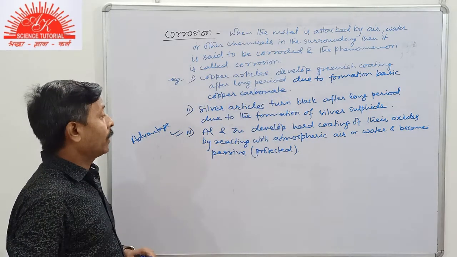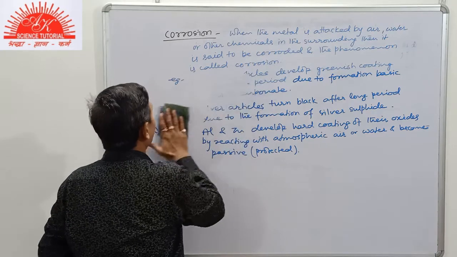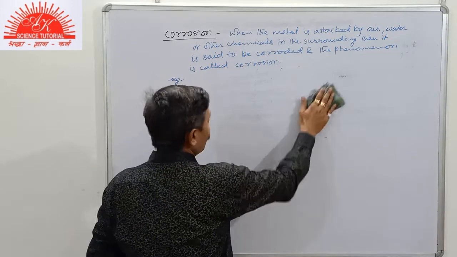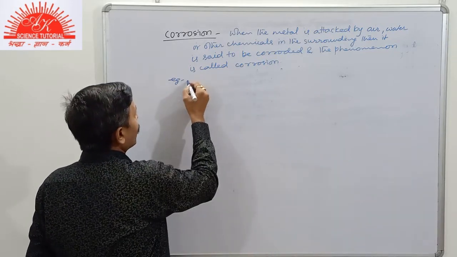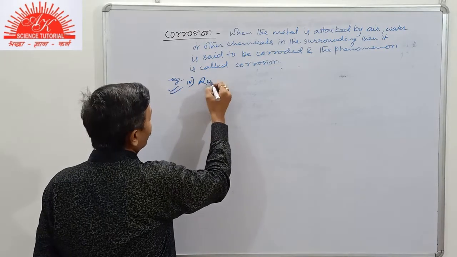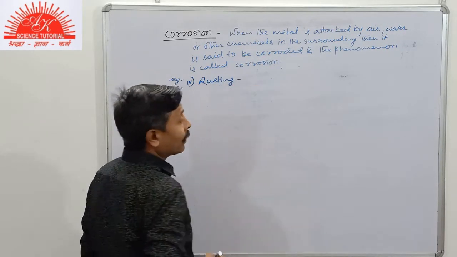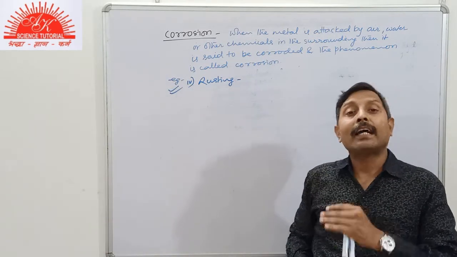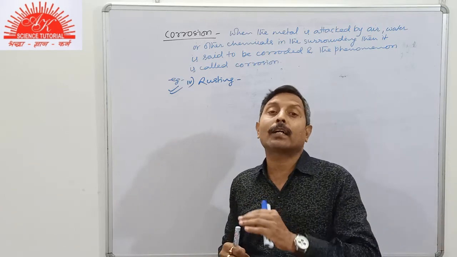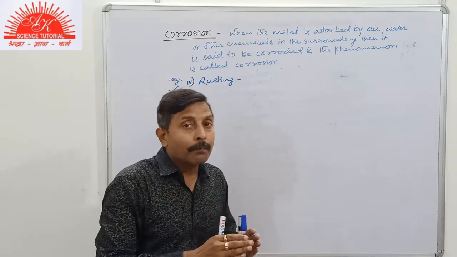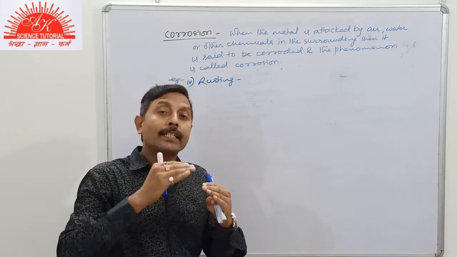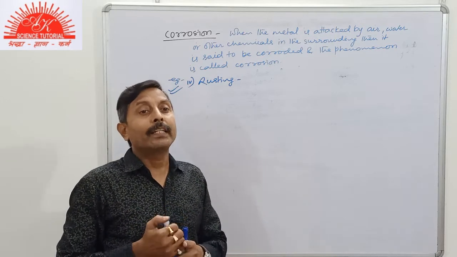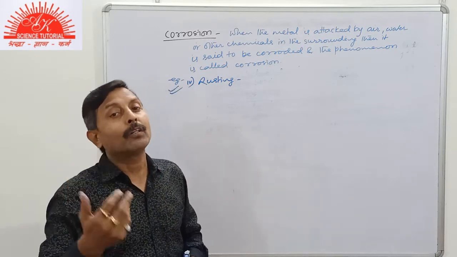The most important example of corrosion is rusting. Rusting is responsible for the corrosion of iron articles when exposed to moist air over a long period. A reddish brown flaky coating is developed over the iron articles, which is gradually removed from the surface, due to which the iron articles become weak.